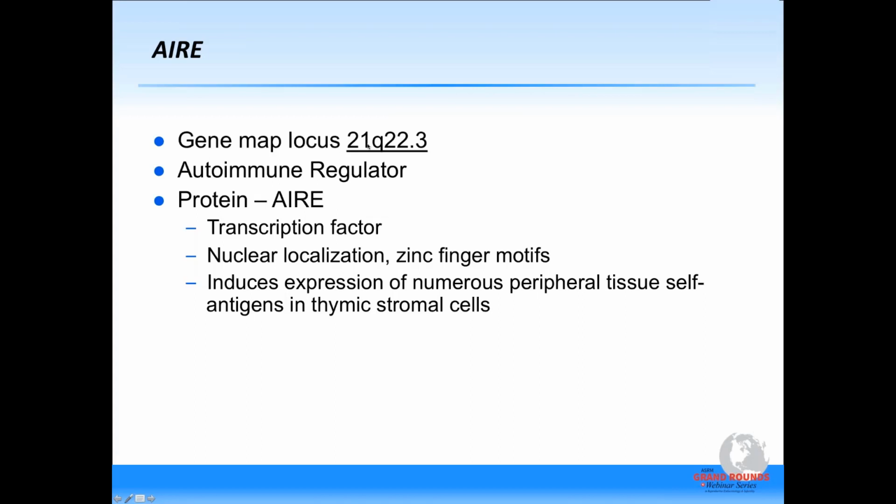It maps to this location on the gene. As I mentioned, it's an autoimmune regulator gene. The protein is AIRE, a transcription factor localized in the nucleus. It's got zinc finger motifs. It induces expression of numerous peripheral tissue self-antigens in thymic stromal cells. It's a complicated situation. The presence of this gene was actually discovered by clinical research.